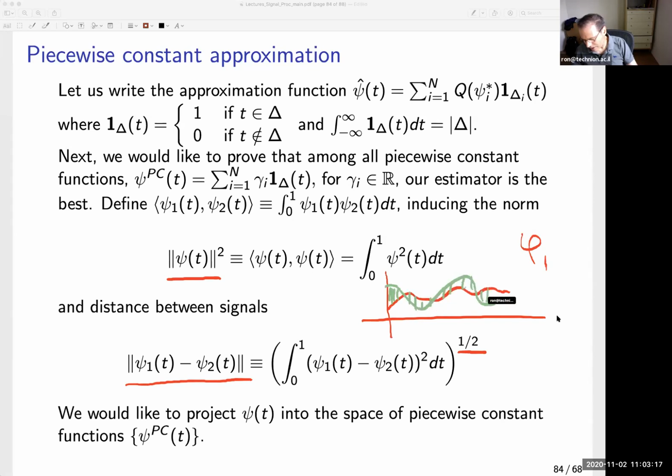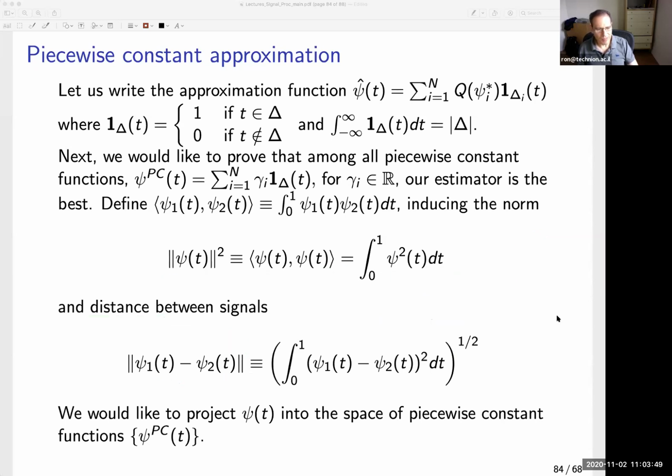Integrating over the square of each and every difference between psi 2 and psi 1 would give me the distance between these two signals. This is a way of measuring the size of a distance, the energy of a distance. So this would be the squared norm of a signal, and this would be the distance between two signals. Now we have a way of measuring discrepancy or distances between signals.